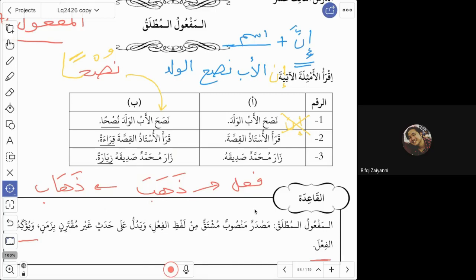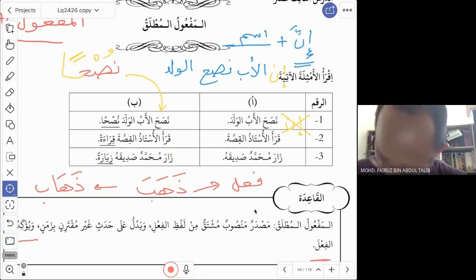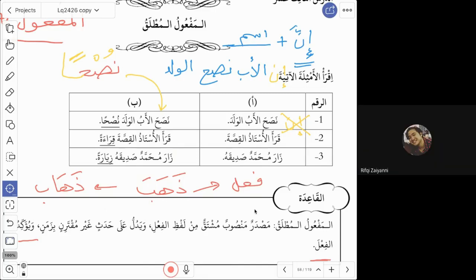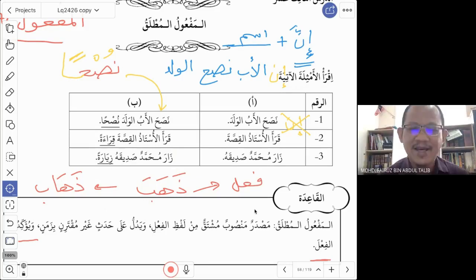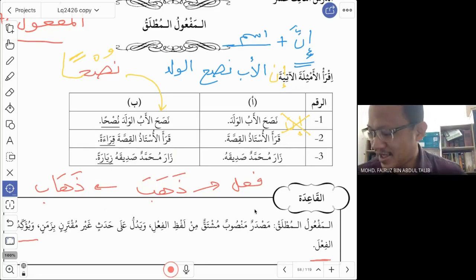In the exam later, what kind of fi'il will be used for this exercise, the 3-letter or the 4-letter fi'il? It depends. If you look at the exercise, later you will see 4-letter fi'il as well. So this actually covers the topic of al-masdar again.